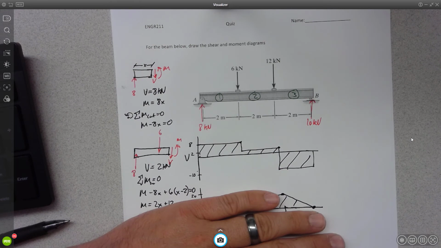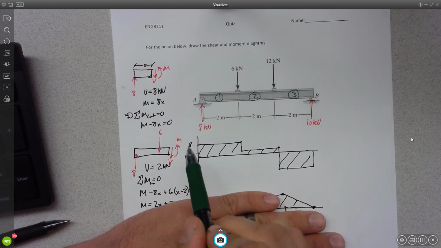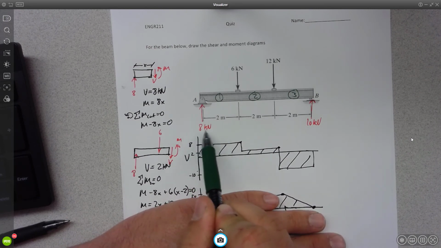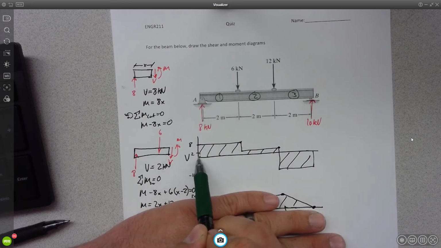How does it change where the forces are applied? Same amount as the force, right? There's a jump up or down that's the same as the force. So you'll notice we start at 0 here, and there's an 8 kilonewton upward force at A. And look at that. The graph jumps up 8.